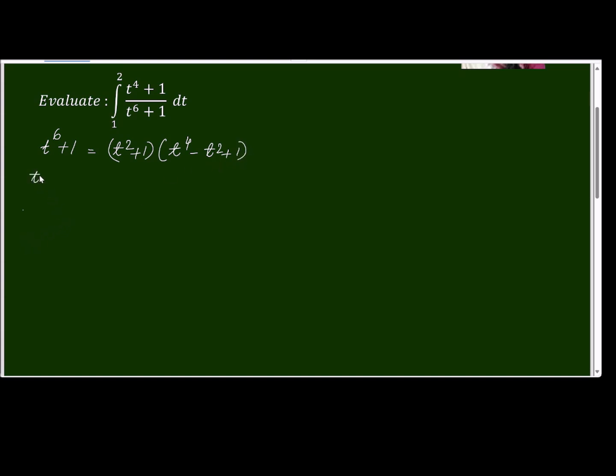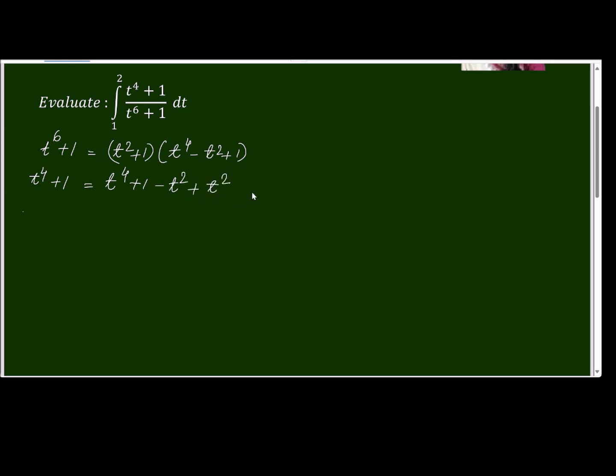So t^4 + 1, the numerator, I can convert in terms of factors of the denominator like this. So plus 1, negative t^2 and positive t^2. Writing the numerator in this way, t^4 + 1 - t^2 + t^2, and the denominator in factor form (t^2 + 1) into (t^4 - t^2 + 1) whole dt.